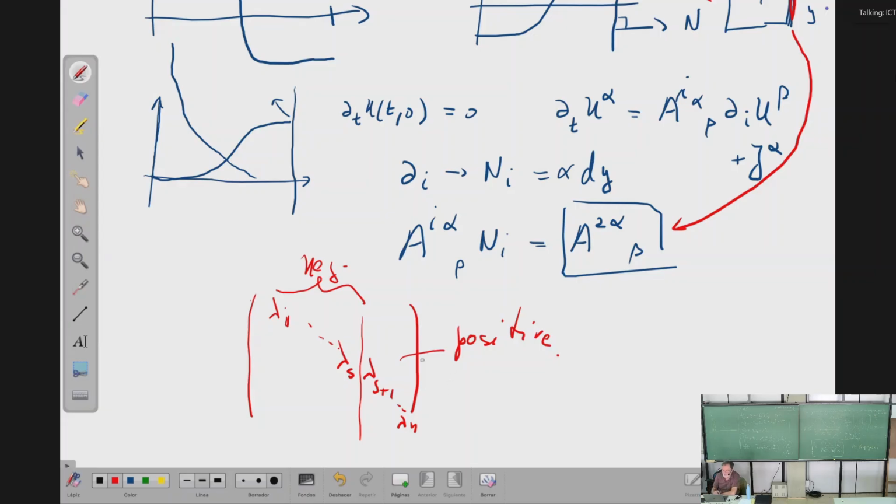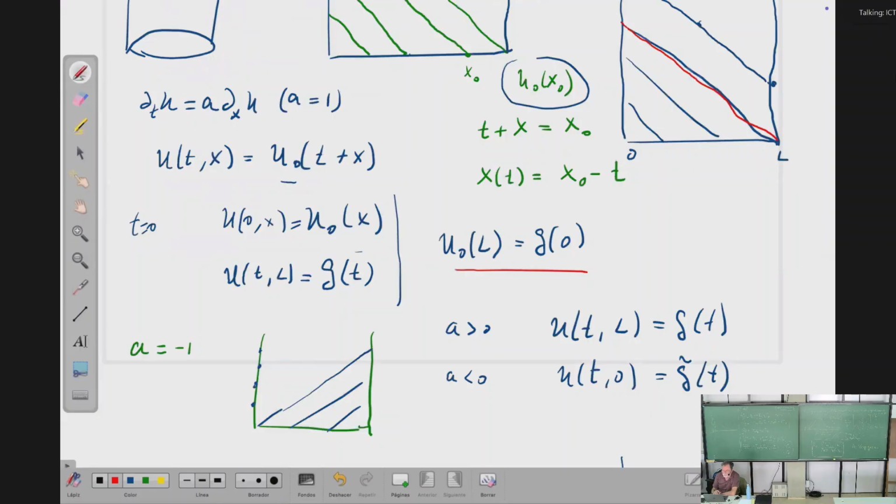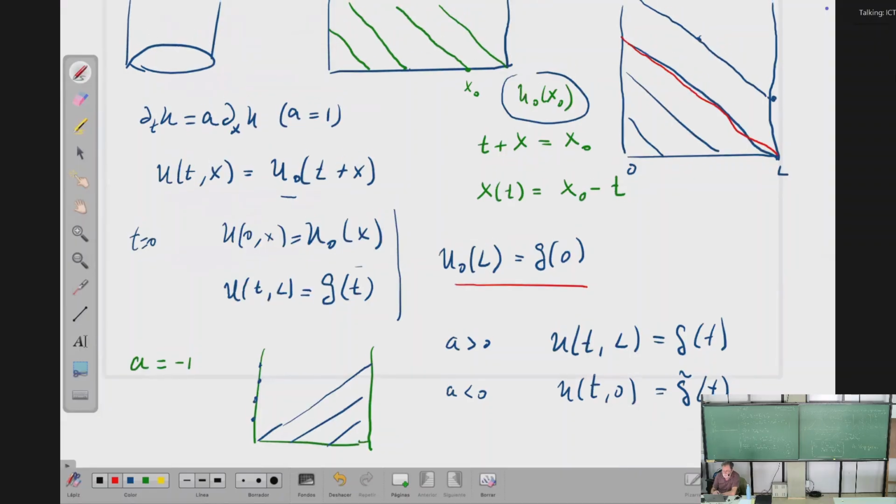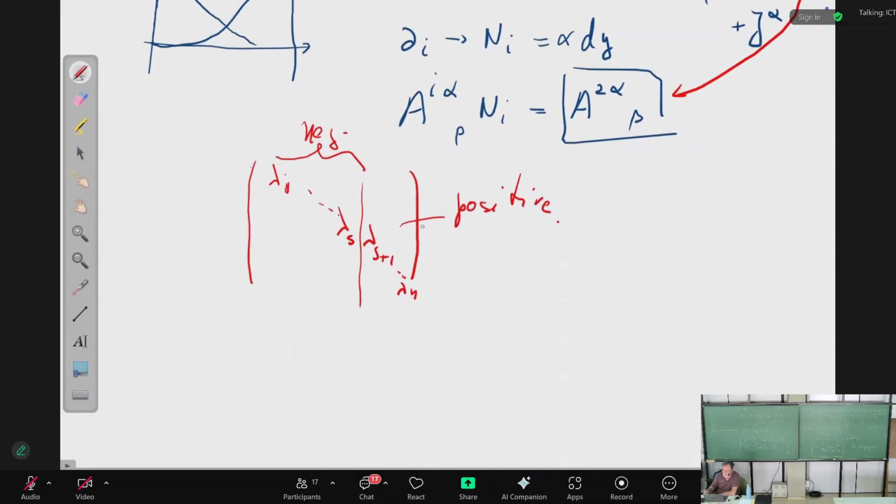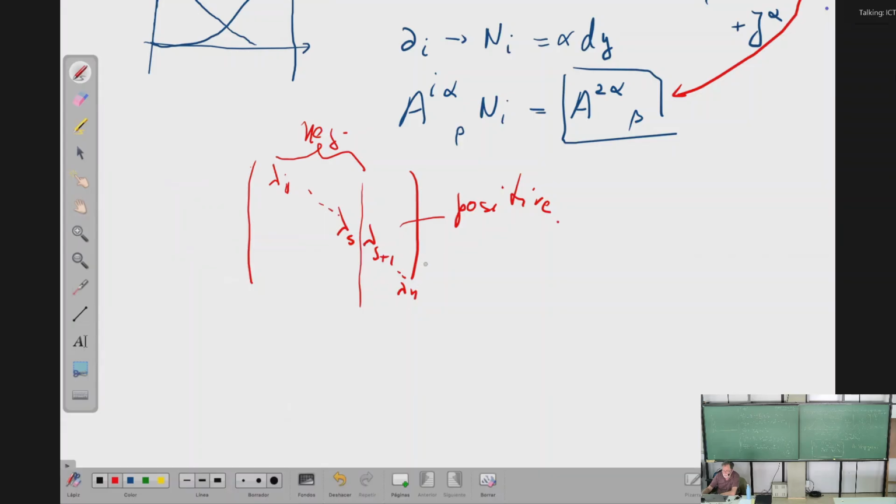So like in the case before, for A positive, we have to give data. So in the basis where this is diagonal, you have to provide, let's call the base components twiddle alpha of t, y equal to L, say, will be some function g alpha of t.